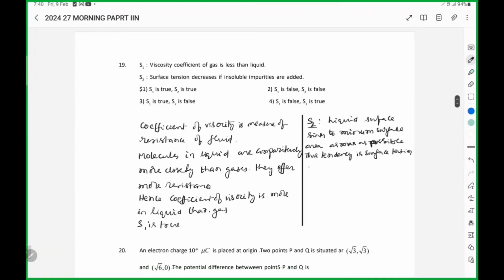So what happens if you add impurities? By adding impurities, surface tension may increase or may decrease. Two possibilities.